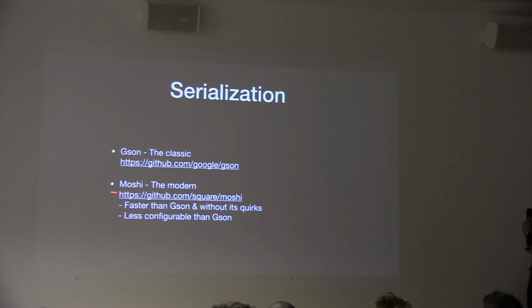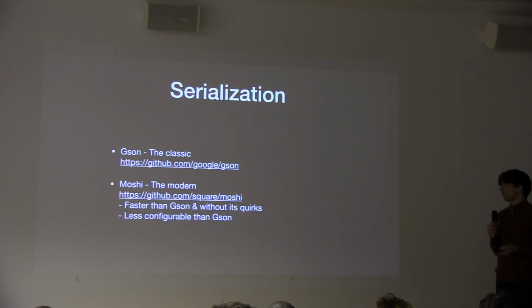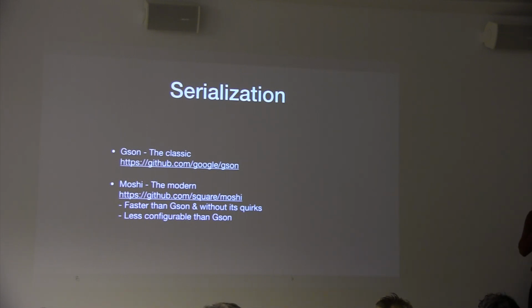So we have a more powerful alternative, Moshi, which has been there also for a little while. It's faster than JSON, and it doesn't have all these little issues that JSON has, but it's less configurable, which can be a plus or a minus depending on how you look at it. For us, it was a minus because with JSON we have some very customized type adapters, and also the field name policy that I mentioned before, which Moshi doesn't support.